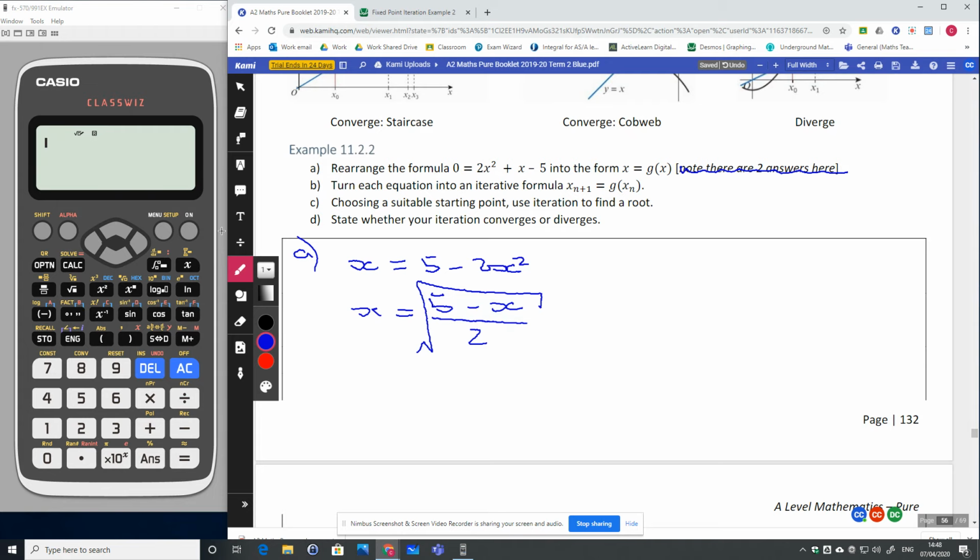Another way that we could do it is if we factorise the x out. So I'll do this one in 2 steps. So we've got 2x plus 1 is equal to 5. So I have taken the 5 across, factorised out an x. So that gives me x is equal to 5 over 2x plus 1.